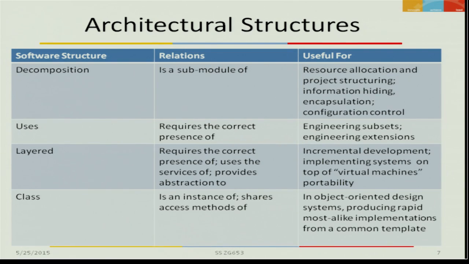The layered relationship, again, helps in incremental development, and layering is a well-known way by which one can have a concept of a virtual machine. It can implement portability. We will learn about layering architecture and layering patterns later on in much more detail, so let us not spend much time here.